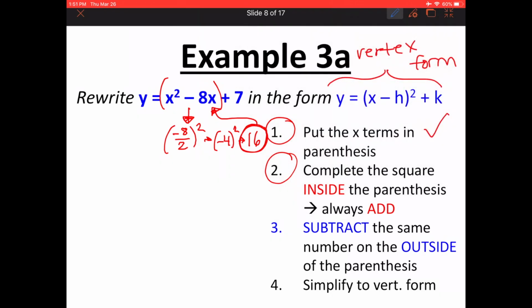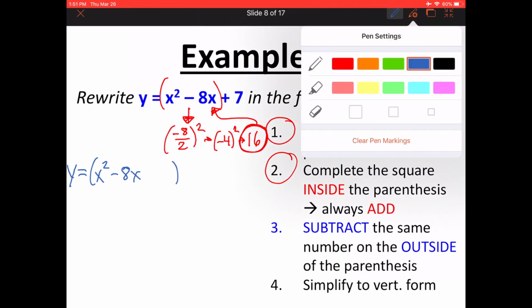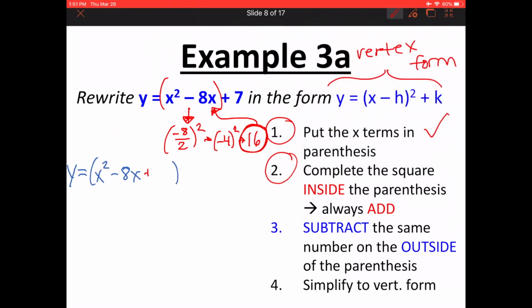So now for step 2, this is what I have: y equals x squared minus 8x plus 16. This is how I just completed the square. And then I keep that plus 7 on the outside. So we have now done step 2. I have completed the square inside the parentheses and I added.